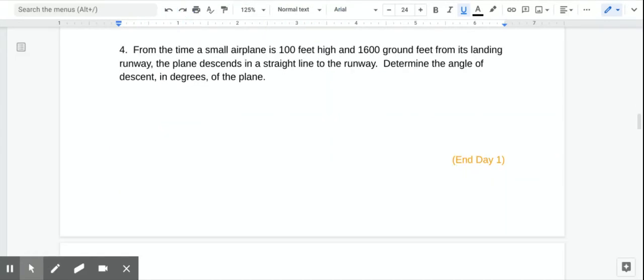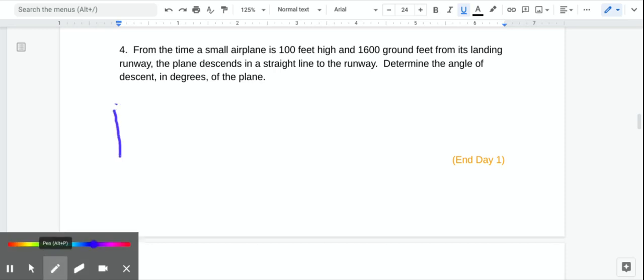For example number 4, we have: from the time a small airplane is 100 feet high and 1,600 ground feet from its landing runway, the plane descends in a straight line to the runway. We want to determine the angle of descent. Okay, so we have this airplane. It's 100 feet high.